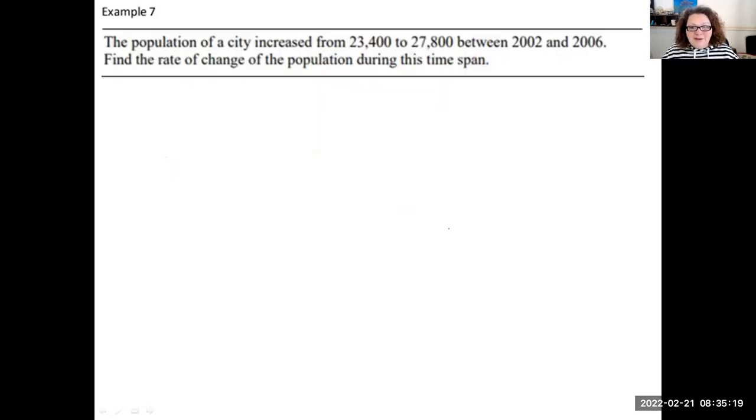All right, we have to pull out the information for what our points are at this point. So we're going to have a point 1 and a point 2. It doesn't matter which one you choose for either one of these. One of the things I am going to tell you, however, just to help you out here so you're not wondering which one is in our x position and which one's in our y position.